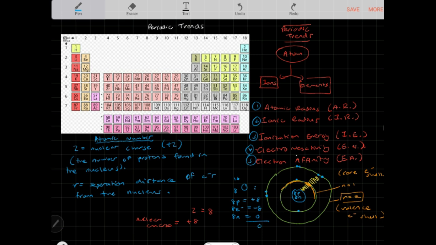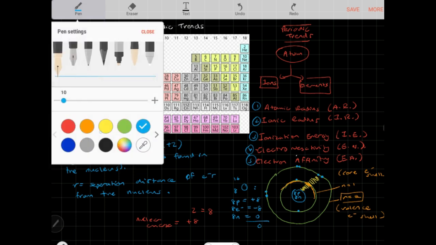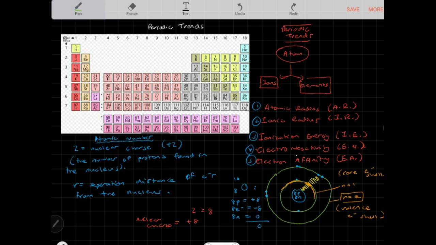Now, the core electron shells will create a force that repels electrons. If you have filled electron shells, you have repulsion of electrons, and this repulsion is called shielding. So shielding is basically the repulsion of core electrons in core electron shells.